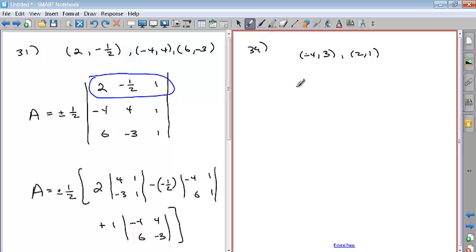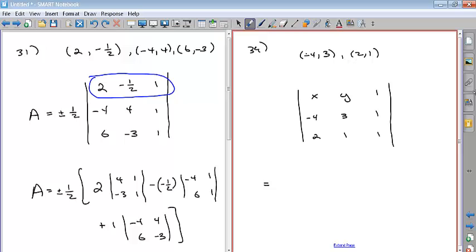Okay. So you make a determinant, and x, y, and 1 is the first row. Then you do the coordinates negative 4, 3, 1. The coordinates 2, 1, 1. And then you find the determinant.